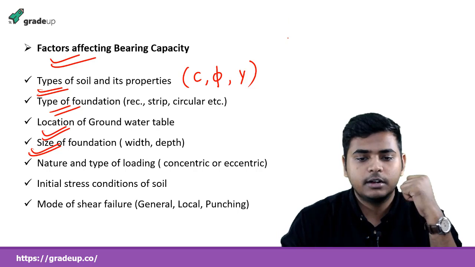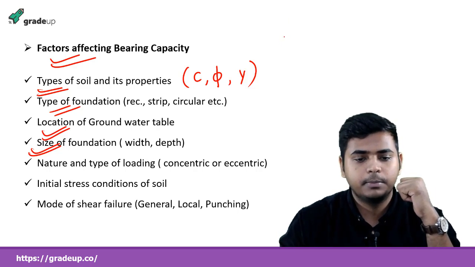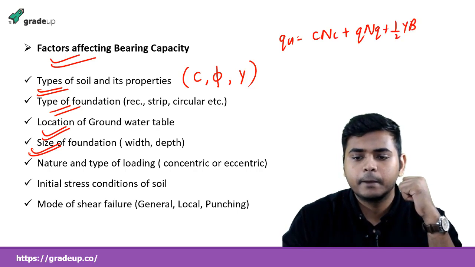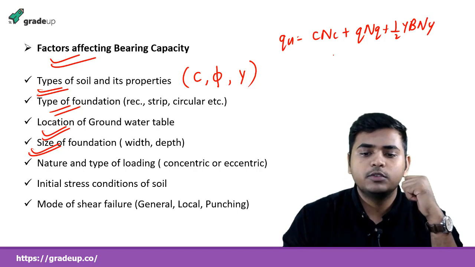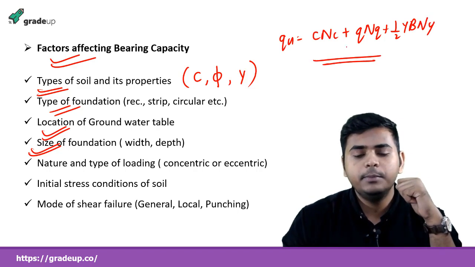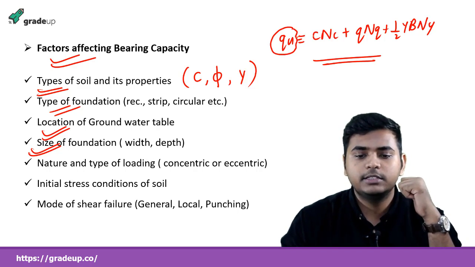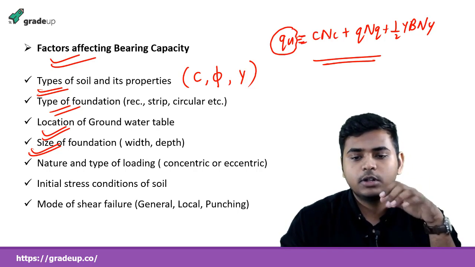For your clear info, I am giving the bearing capacity value, that is Q ultimate, given as cNc plus qNq plus half gamma B N gamma. This, given by Terzaghi to find the ultimate bearing capacity of soil, Qu, depends on different factors.